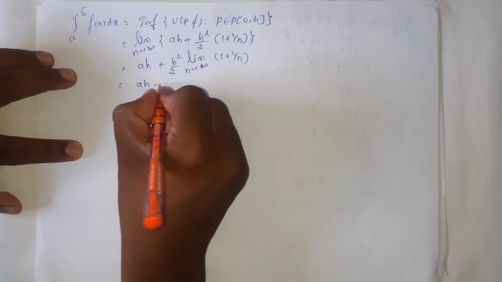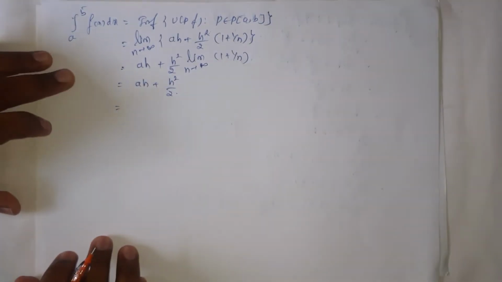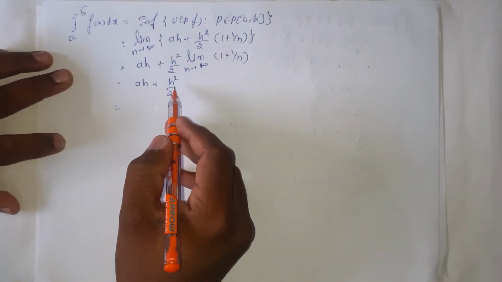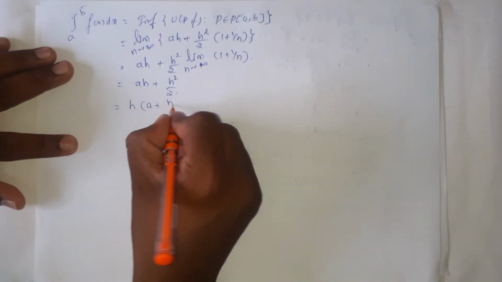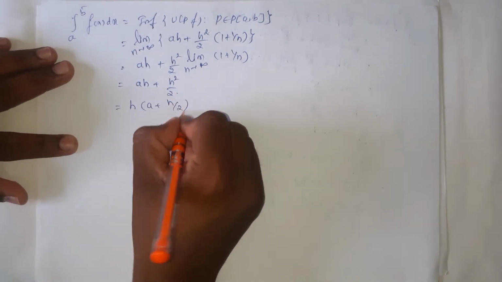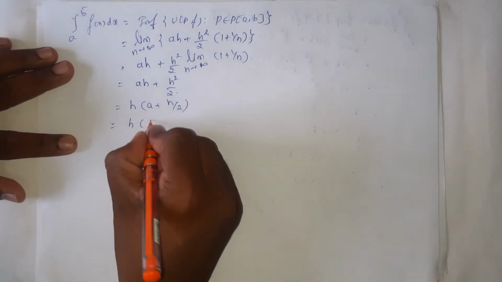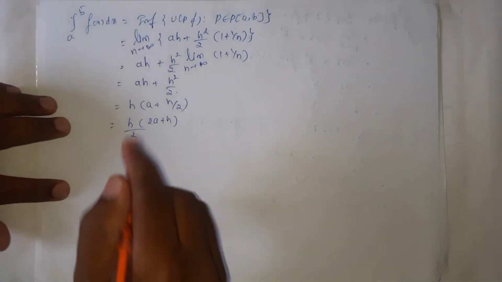So therefore here ah plus h square by 2. Again, as in the previous case, we have taken that h common, then the remaining is h into (a plus h by 2). Then by taking the LCM, it becomes h into (2a plus h) whole divided by 2.